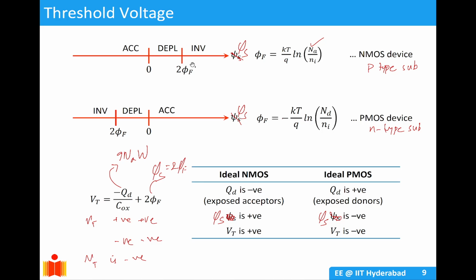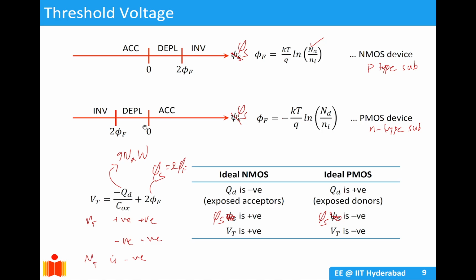So you can see for an NMOS device, when your band bending is negative, so when your surface potential is negative, you have accumulation. Surface potential from 0 to 2 phi f is depletion, and after that is inversion. Whereas in a PMOS, it's opposite.